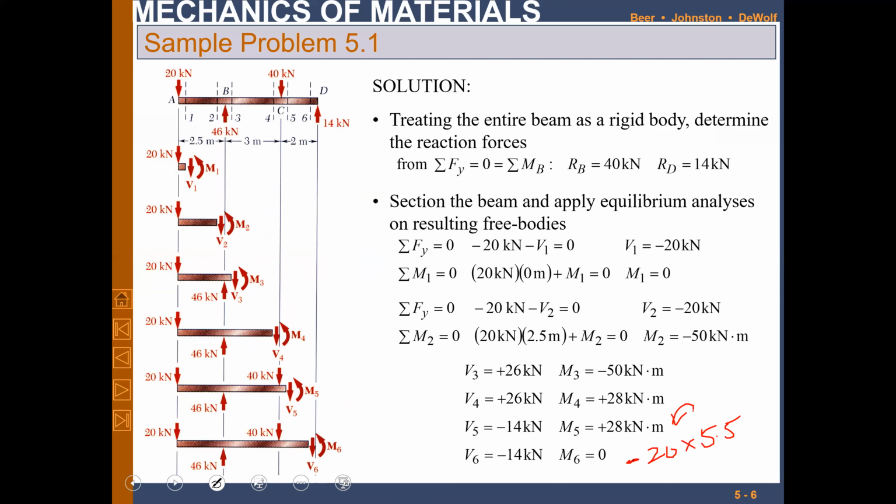We are calculating the moment, right? And then plus 46 into 3 plus M4.